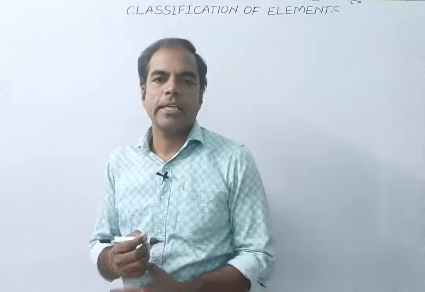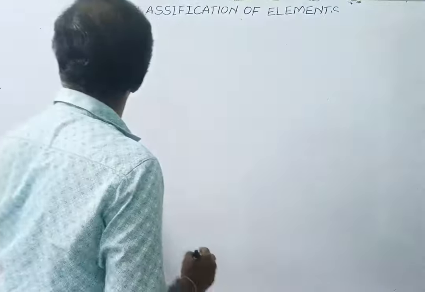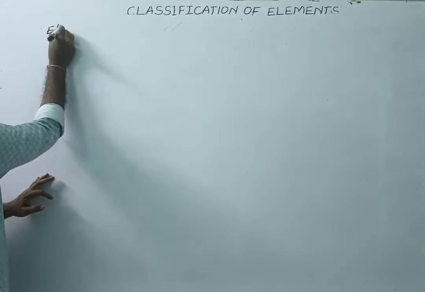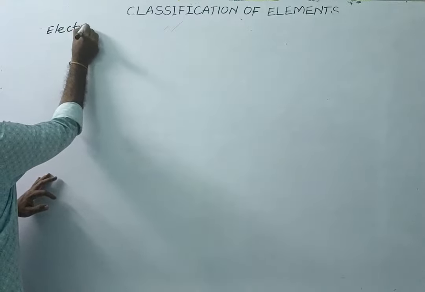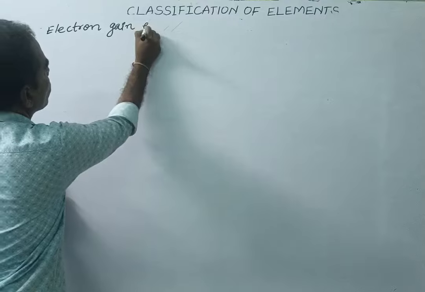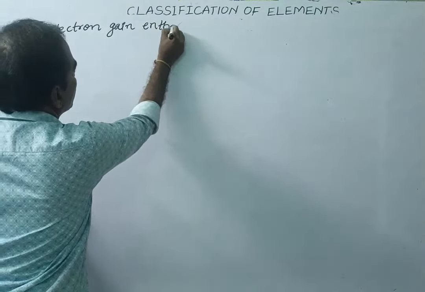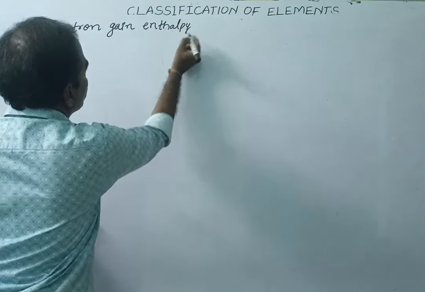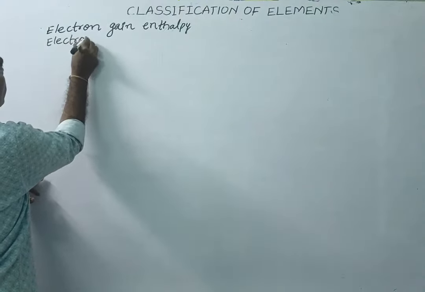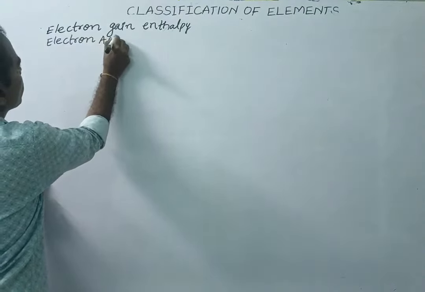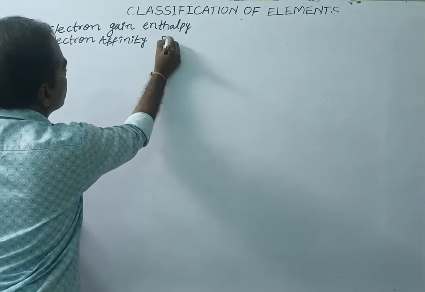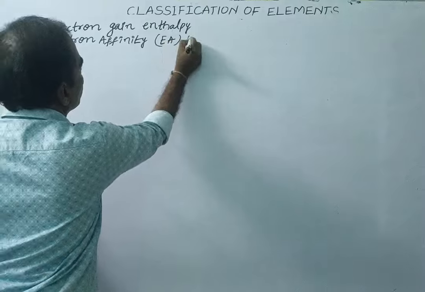See, the next topic is electron affinity, also called electron gain enthalpy, or EA.